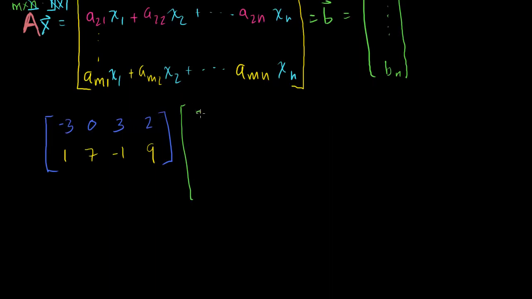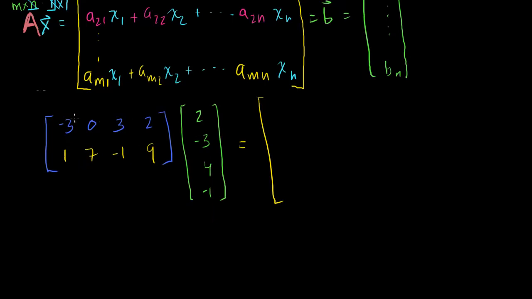Let's say it's 2, -3, 4, and then -1. So what is this going to be equal to? We essentially take the first entry, which is going to be the dot product of this first row with this vector, and then the second entry here is going to be the dot product of this row vector with this column.